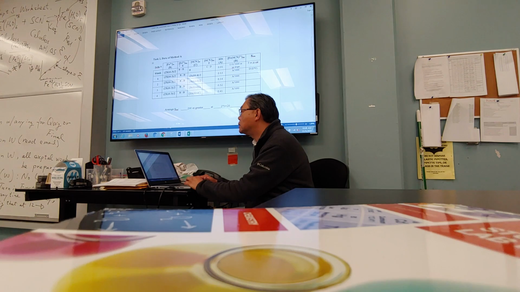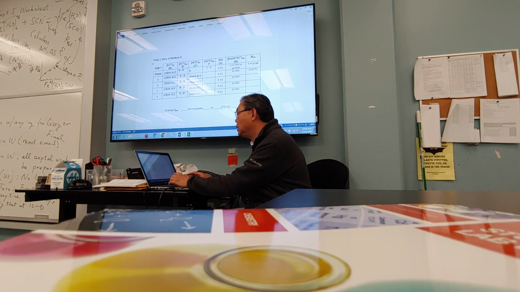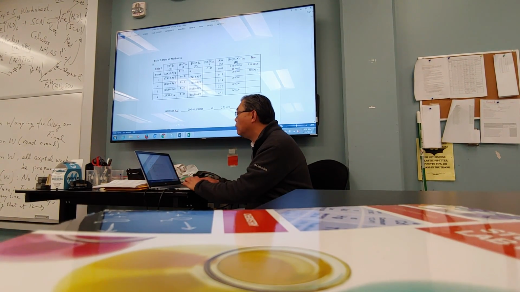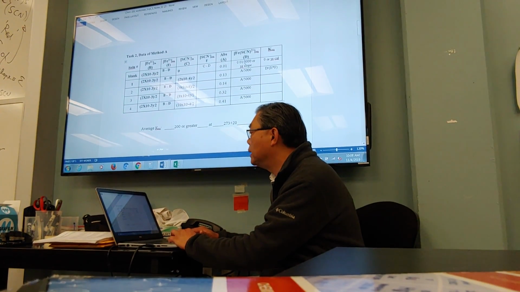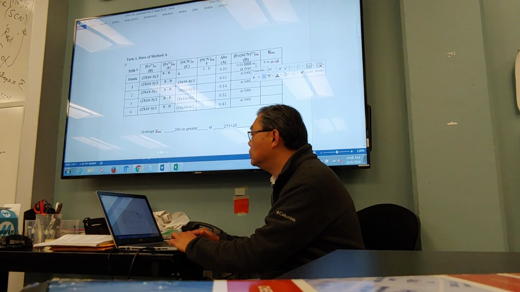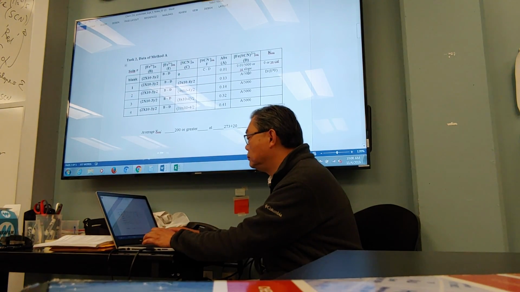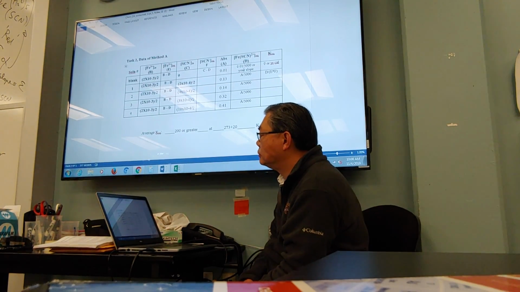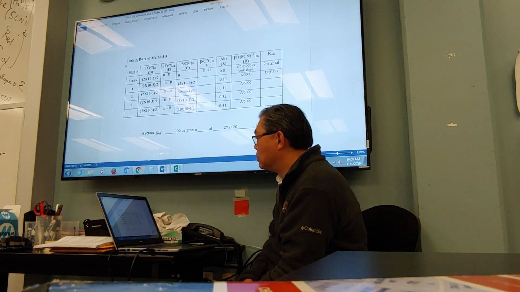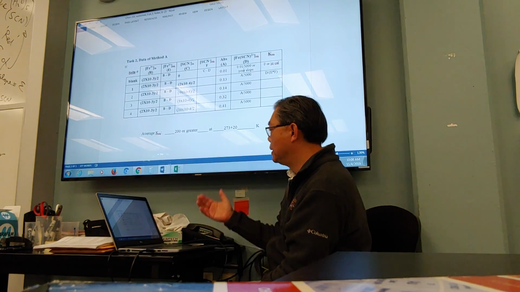So I label this column A, B, C, D, E, similar to the Excel system. So I call this column D, all right? So what do we do? We use the absorbance divided by 5,000, or your slope of the graph. If your slope of the graph is between 4 to 8,000, then use your own slope.